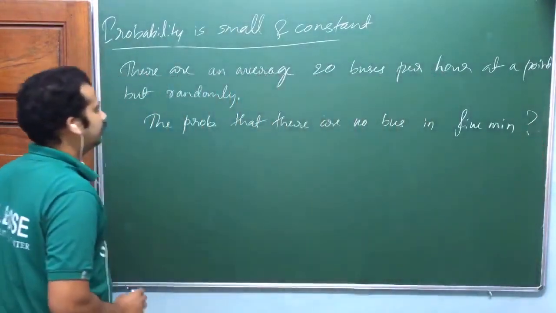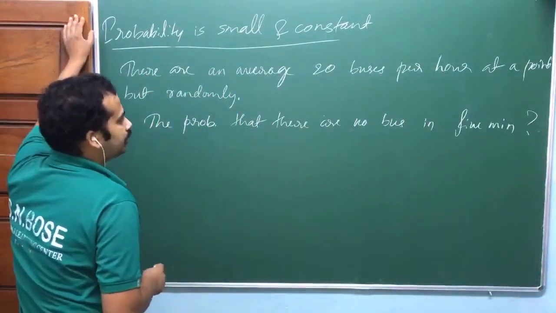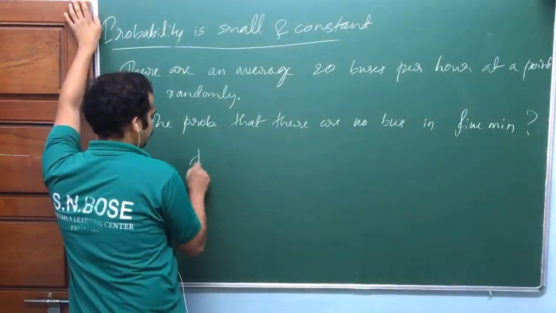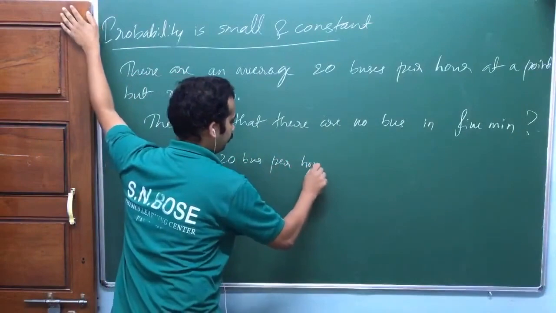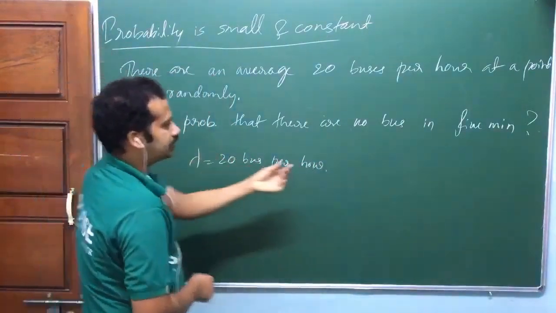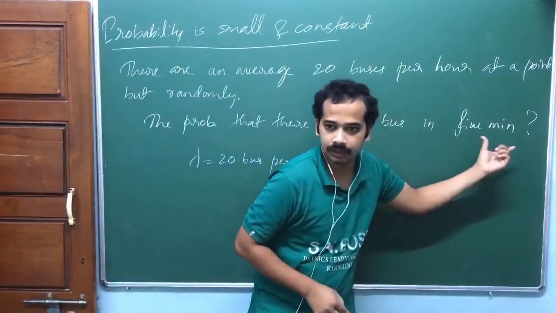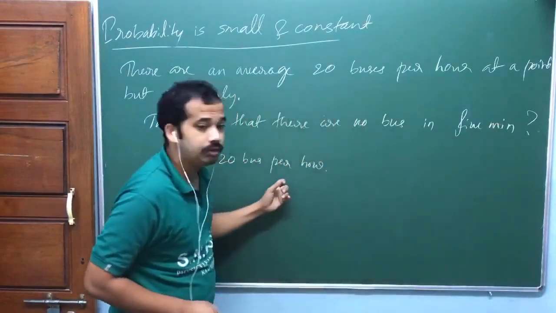Now look at here. So there are average 20 buses per hour. Am I right? 20 buses per hour. Lambda is equal to 20 bus per hour. But probability is asked for this time interval, per minute. You have to convert this one into per minute.